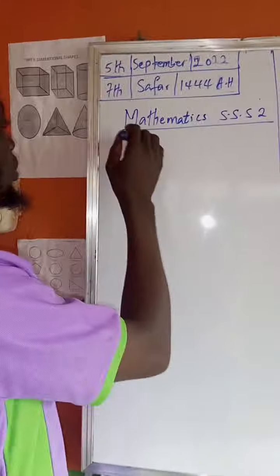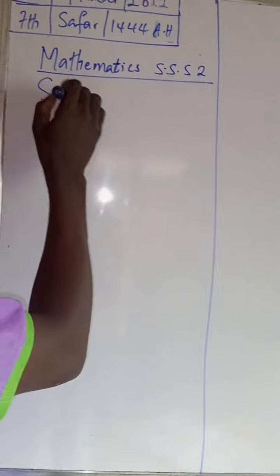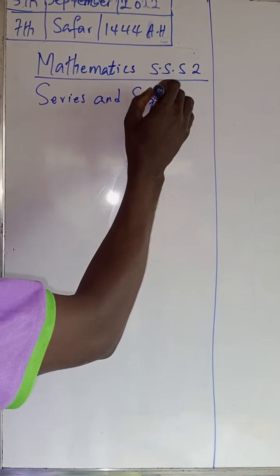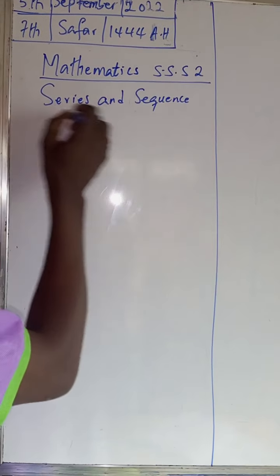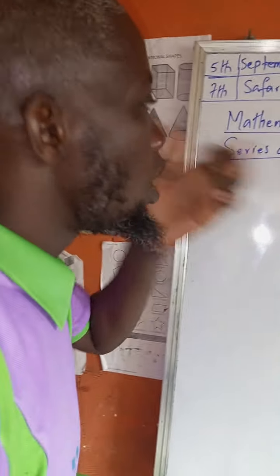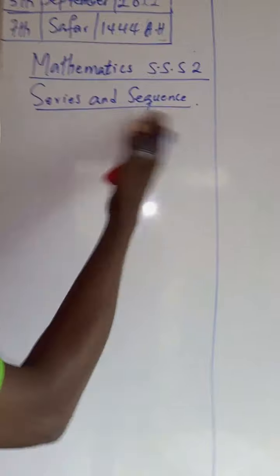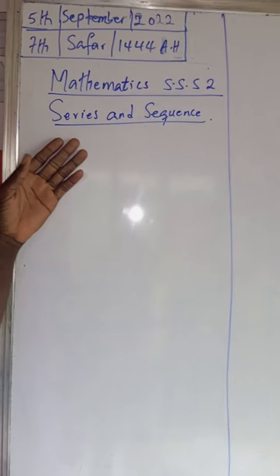So now we are moving to series and sequence. Series and sequence. Some people will normally call it sequence and series because sequence will come before series.